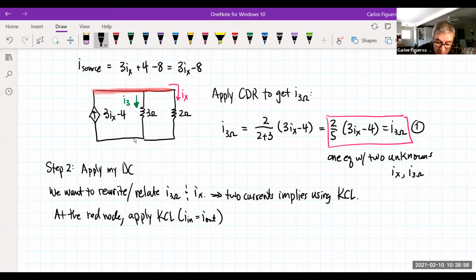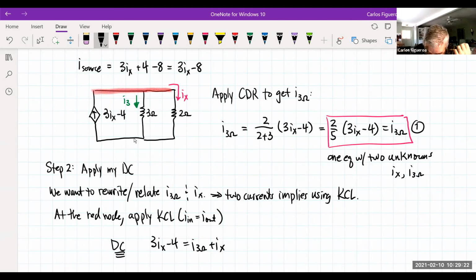The current in to the red node is what? There's only one. It's going to be 3Ix minus 4. What's coming out? I3 ohm plus Ix. So this is now a new equation. This is what I would call my DC condition.